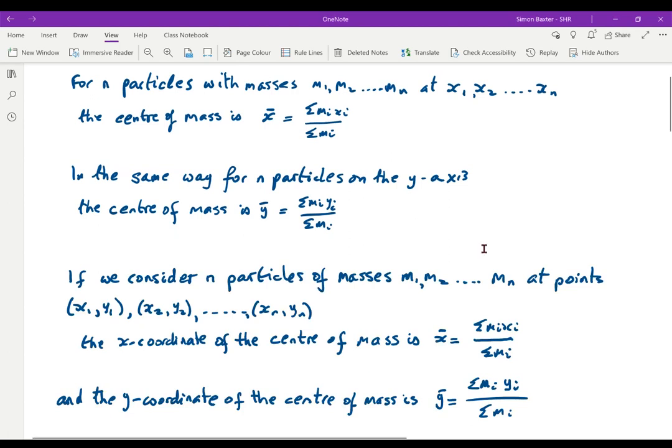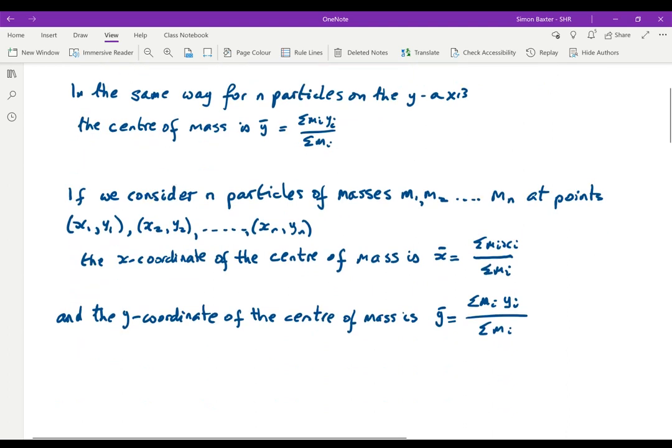If we combine these results, we can think of n particles of masses m1, m2 up to mn at points x1, y1, x2, y2 up to xn, yn. Then the x-coordinate of the center of mass is x bar, which is sigma mi xi over sigma mi, and the y-coordinate is y bar, which is sigma mi yi divided by sigma mi.